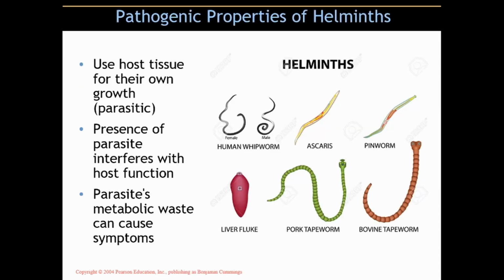What do helminths do? Well, helminths are parasitic worms. They use our tissue. They use the host tissue for their own growth, and so they're parasitic as a result of it. Their presence interferes with our host function, and their metabolic waste can cause symptoms. Now, helminths are not, as mature adults, microscopic, but they go through microscopic stages in their life cycle.